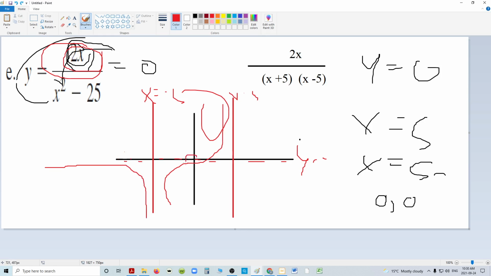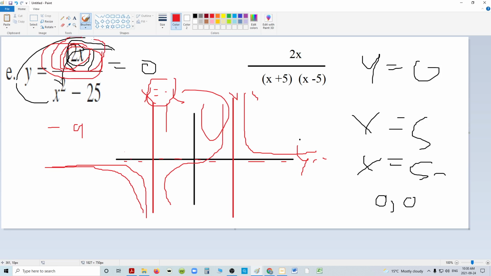Now, since I know it only crosses the asymptote once here, I already kind of know it's going to be here. When it's positive infinity, this whole thing becomes positive. So I know it's going to be something like this. Only mystery for me is going to be in the middle. So if I look at -5 and 0, and I take something just to the left of -5, like -4, -4 squared becomes 16, and -25 becomes -9.